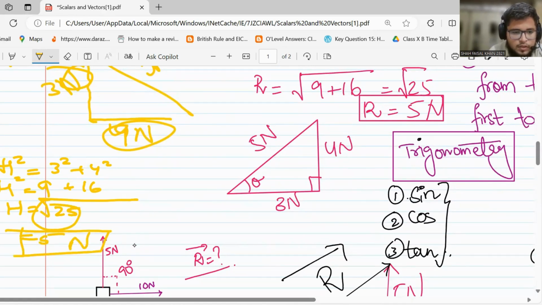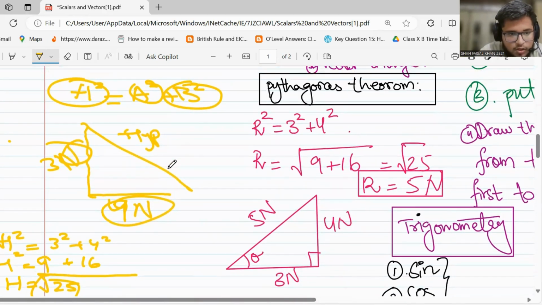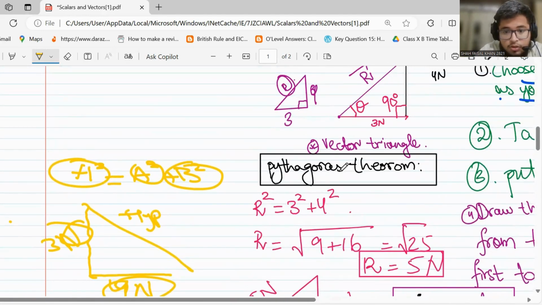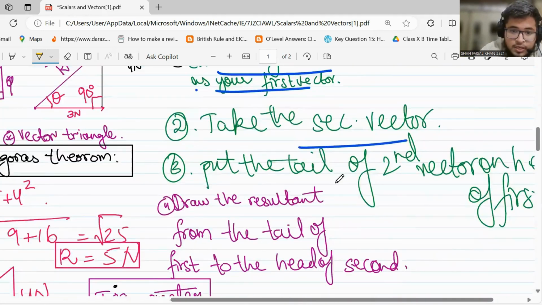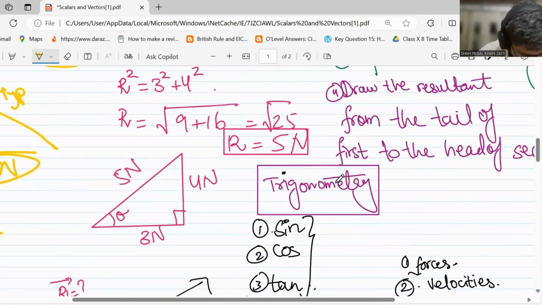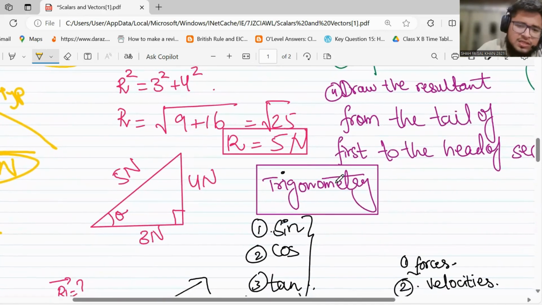This is the resultant force. Basically, the Pythagoras theorem is more accurate than head to tail, because in head to tail there are some physical errors.